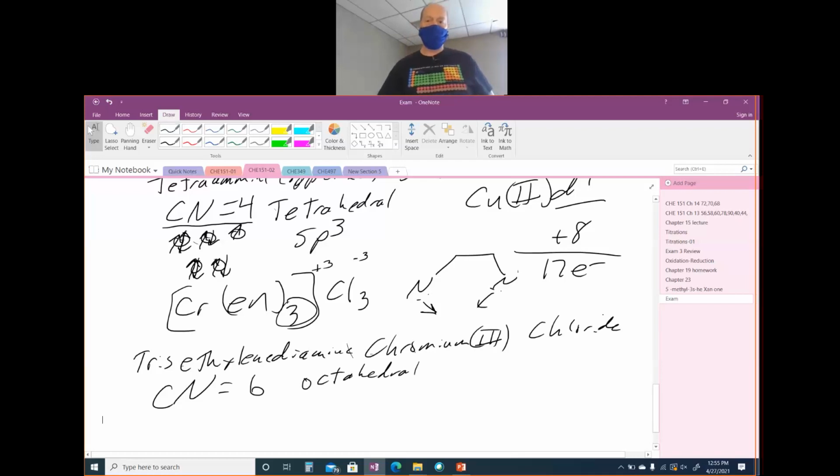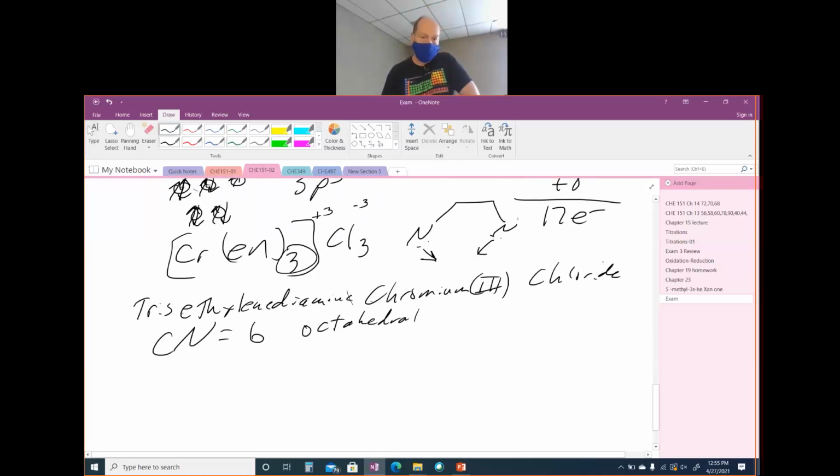All right, and so when you have your chromium 3, and you find chromium, which is number 24, the number above that is 6. So chromium 3 is D3 plus each en is a 4 electron neutral, so plus 12 for the 3 of them. This is a 15 electron complex.